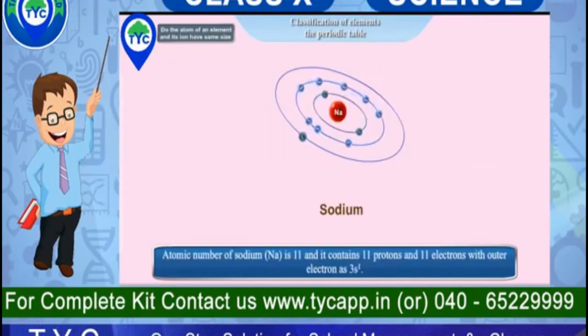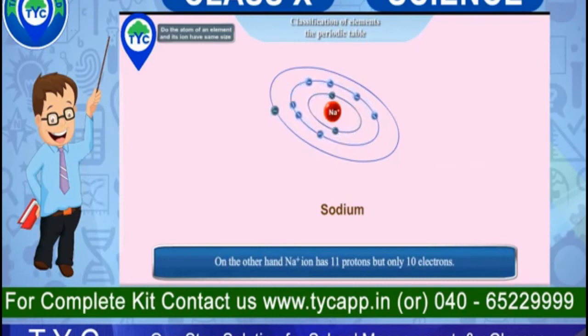Atomic number of sodium is 11 and it contains 11 protons and 11 electrons with the outer electron as 3s1. On the other hand, Na plus ion has 11 protons but only 10 electrons. The 3s shell of Na plus has no electron in it. Hence, its outer shell configuration is 2s2, 2p6.